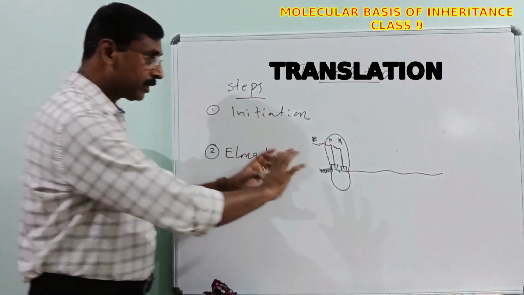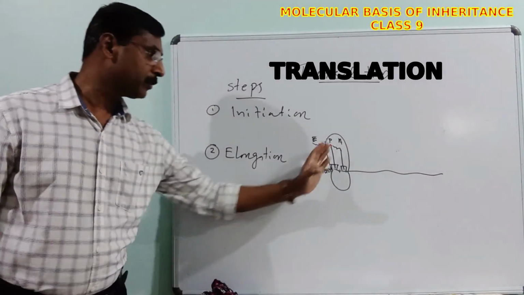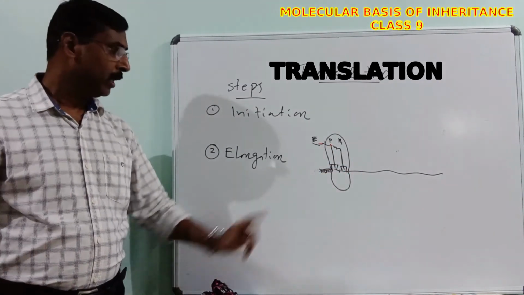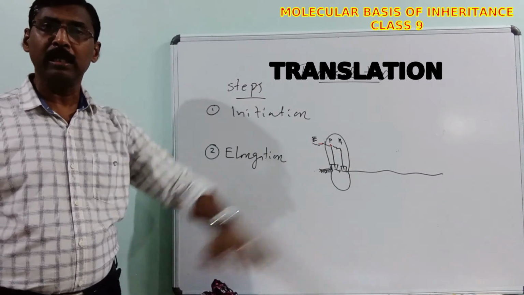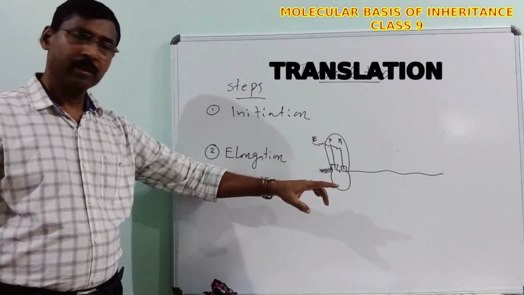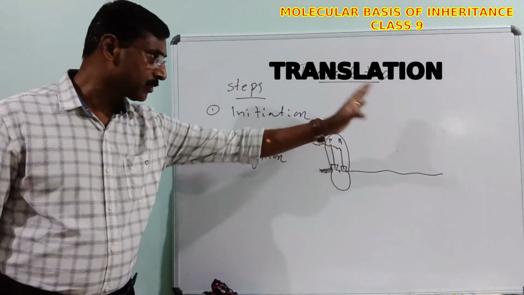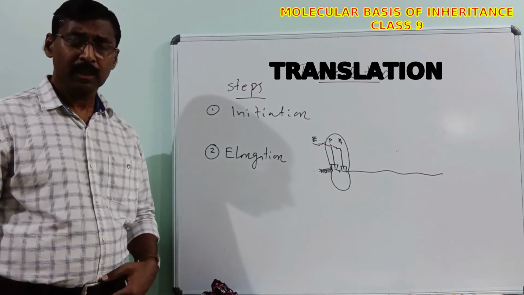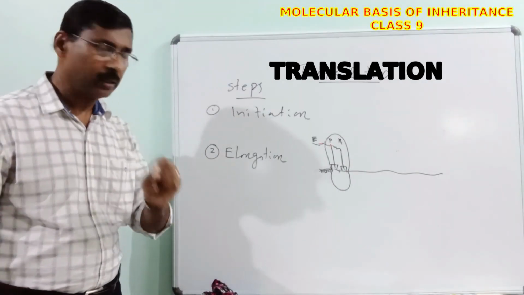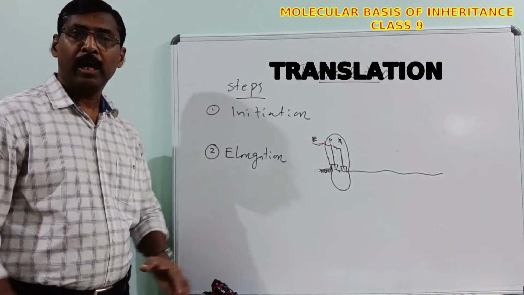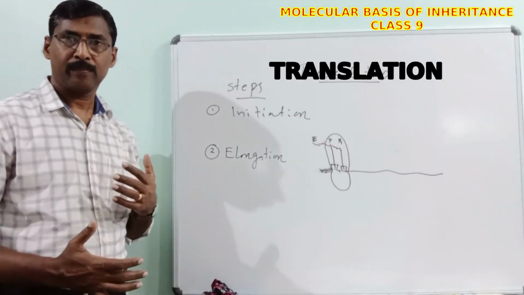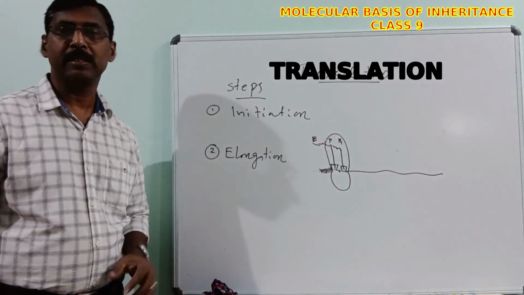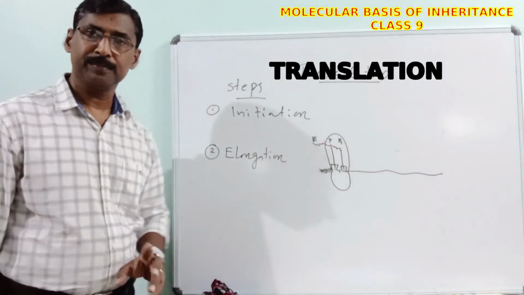Now again the ribosome moves a step forward, a codon forward, and this transfer RNA would be released from the messenger RNA, and a new transfer RNA would come to the A site of the ribosome. So only the first transfer RNA would come to the P site of the ribosome, and all the future transfer RNAs would be coming to the A site.